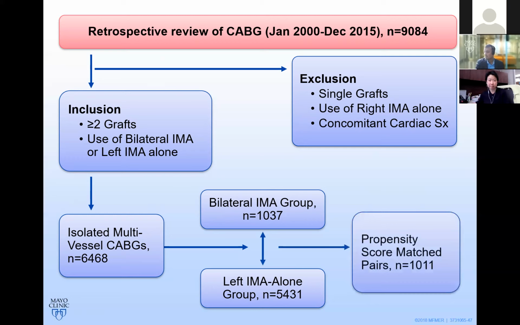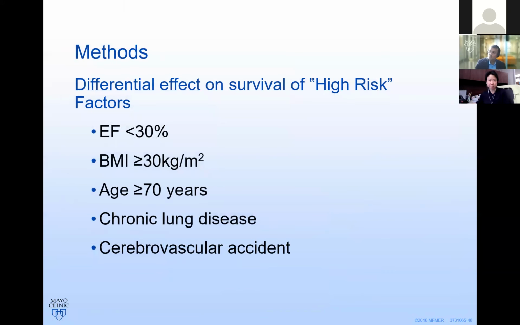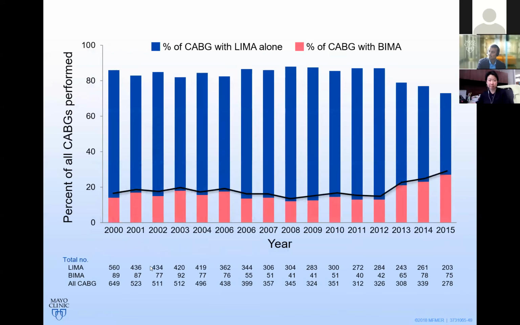So in our analysis, we matched these two groups to identify patients with similar risk profiles. And then we wanted to look at the difference in survival, and whether any of these high-risk factors, like ejection fraction or lower heart function, higher BMI, increased age, lung disease, or stroke, or diabetes, has any impact on the usage of bilateral internal mammary arteries.